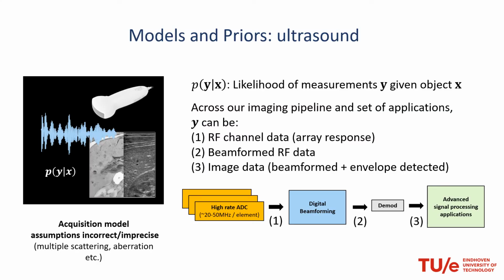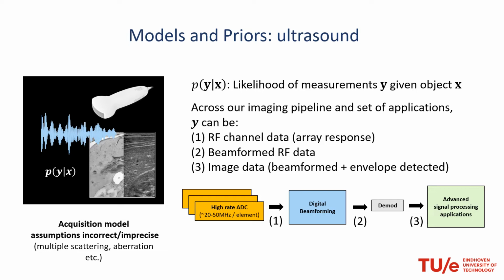Looking a little bit into those different subcategories, let's look at models and priors for ultrasound and where they are lacking. If we look at p(y|x), the likelihood of the measurements y given some object x, then across the imaging pipeline and the set of applications, y could be the RF channel data, which is basically the response of the array, as you see in the image as well.